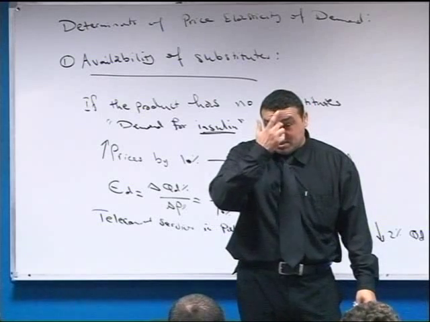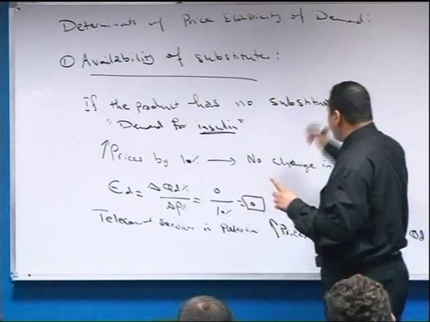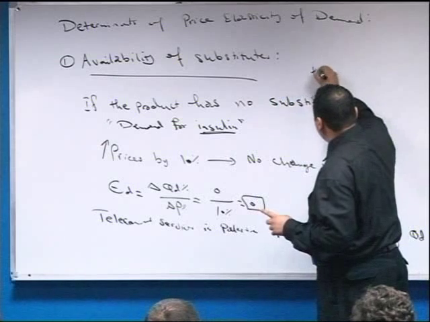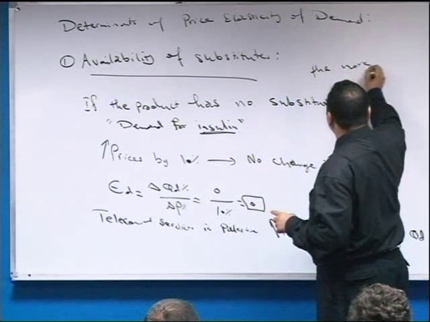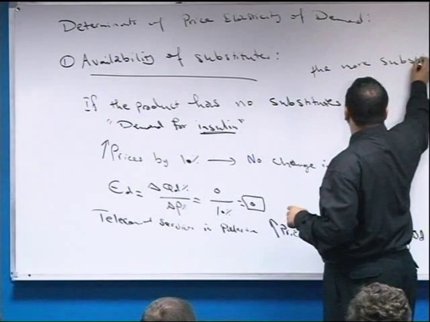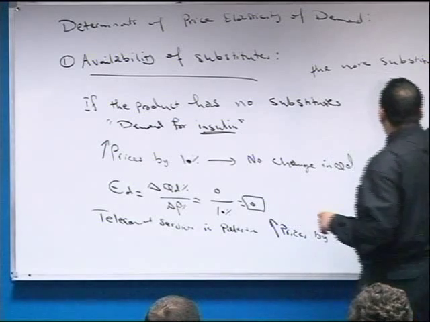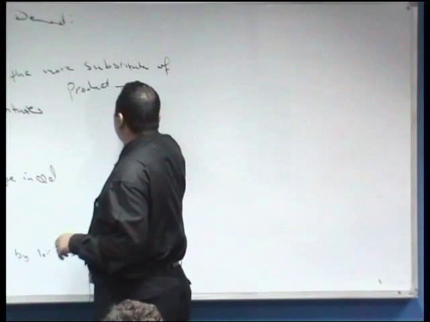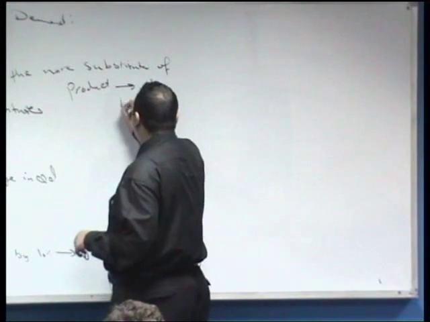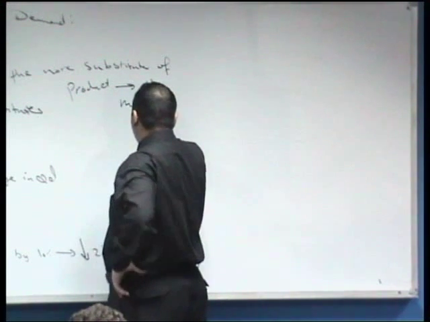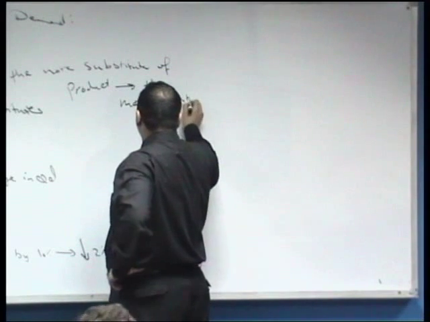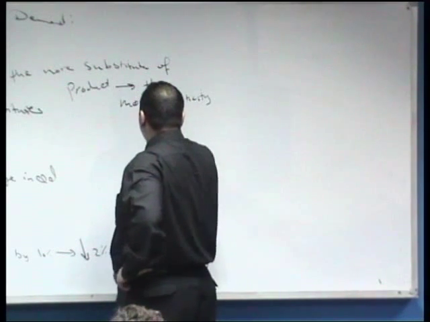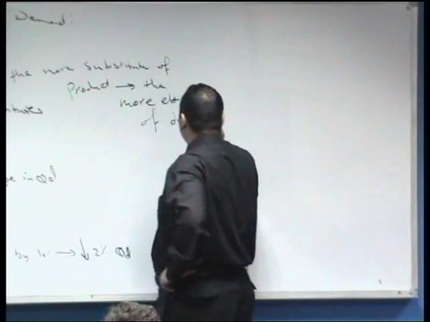The more substitutes a product has, the more elastic the demand, and vice versa.